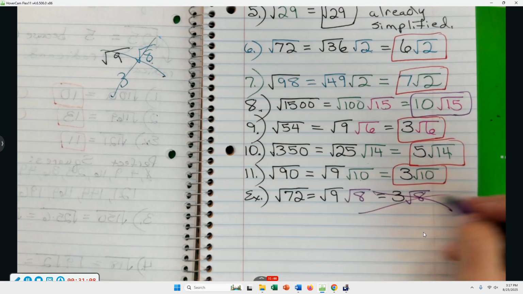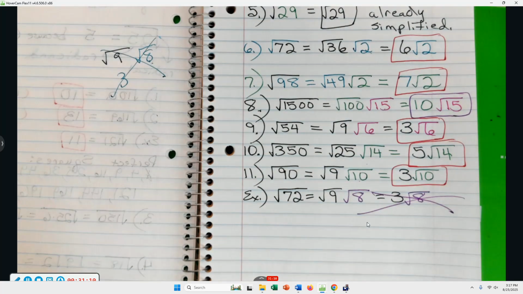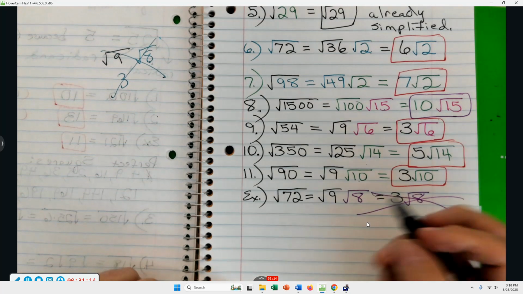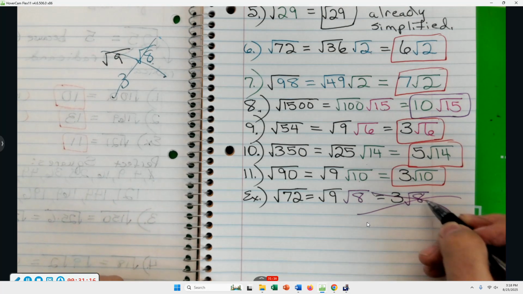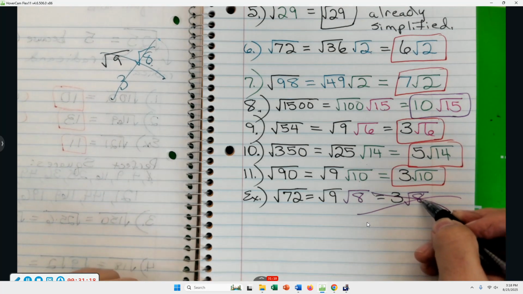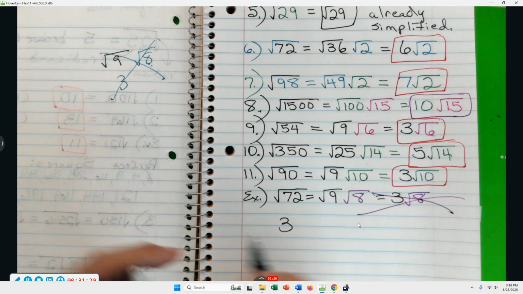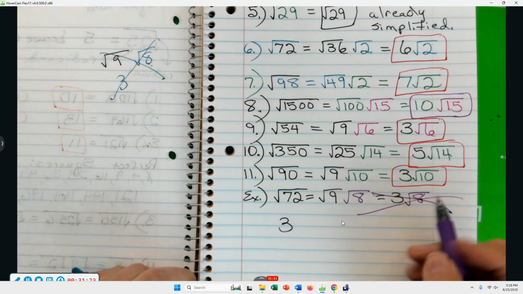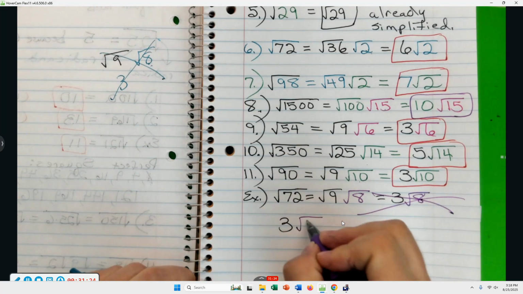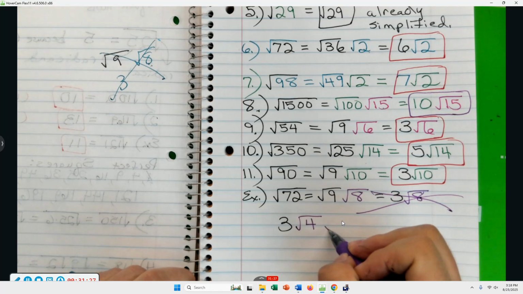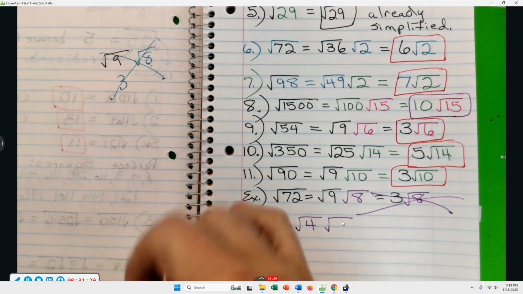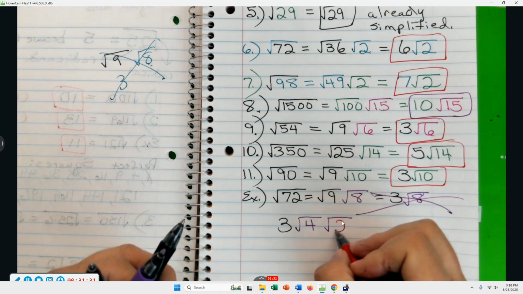That's why my lab would count that answer wrong, but let me show how you can go ahead and keep on reducing. 4 goes evenly into 8. So we have 3 times the square root of 4 times the square root of 2.